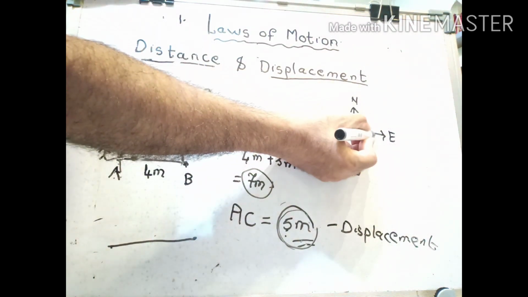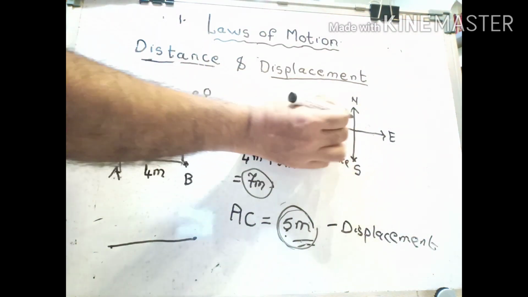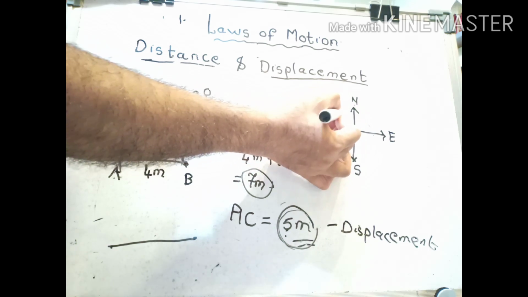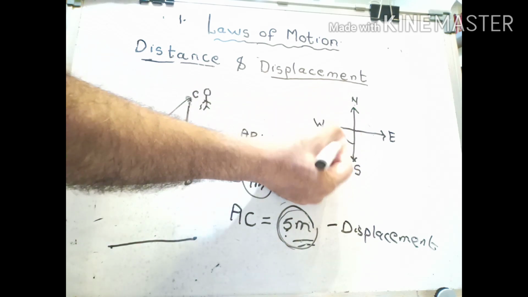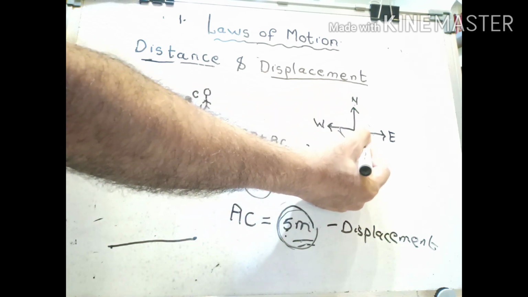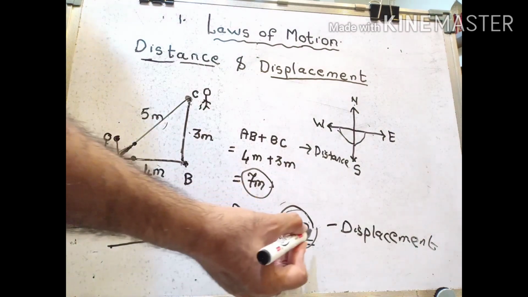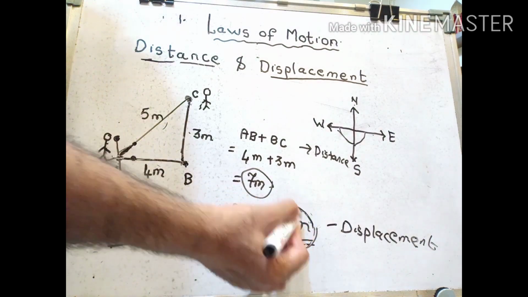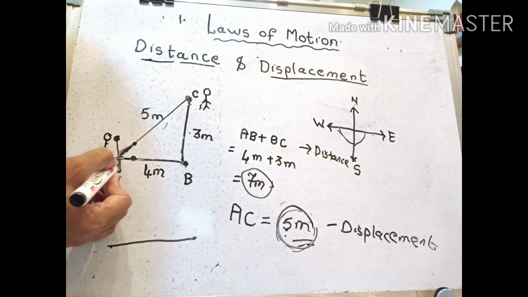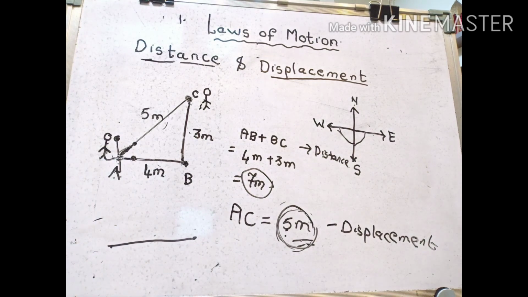The position between north and east is called northeast. Between north and west is northwest. Between south and west is southwest. South and east is called southeast. So right now the person is displaced by 5 meters from its original position towards the northeast. I hope this has now clarified your position.